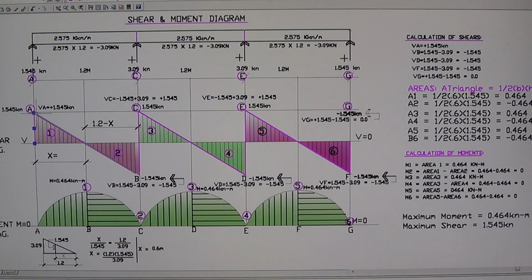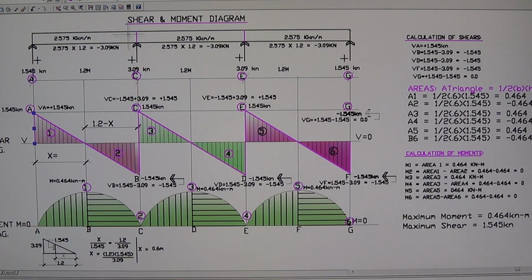Now, to solve the shear at B right here, it's the shear from A. When you are solving shear, you always look carefully at the load from the beginning. Okay, what's the next load?